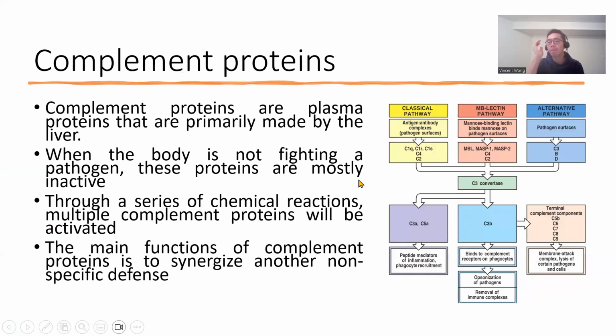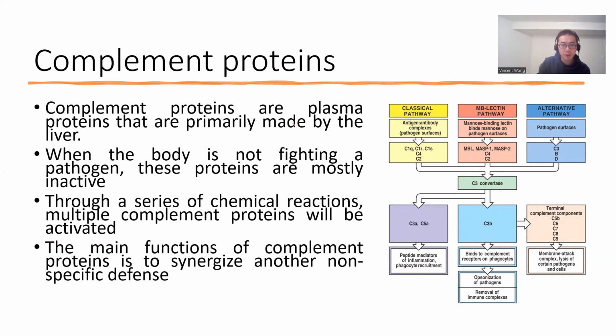So the next strategy that is being used by innate immunity to help fight off infection and pathogens are these things called complement proteins. Okay, complement proteins.